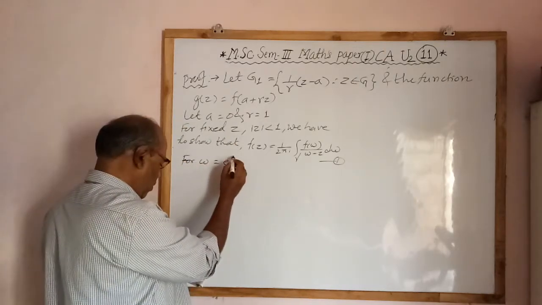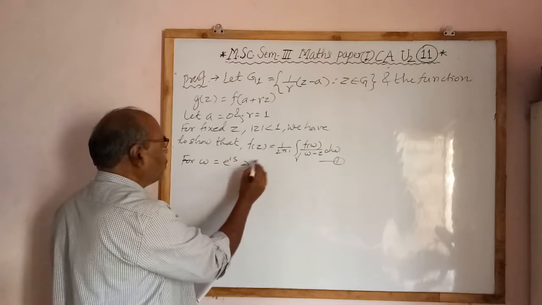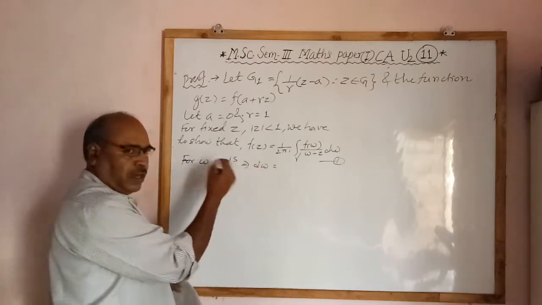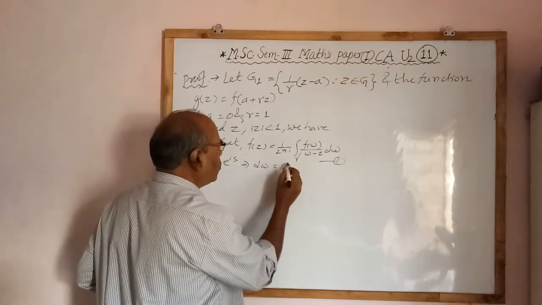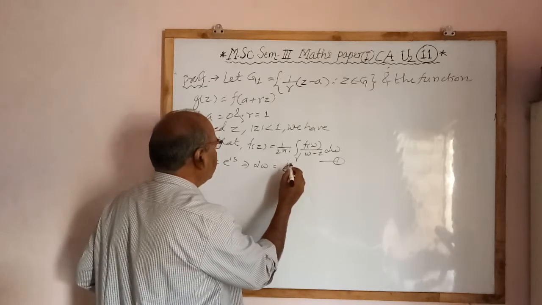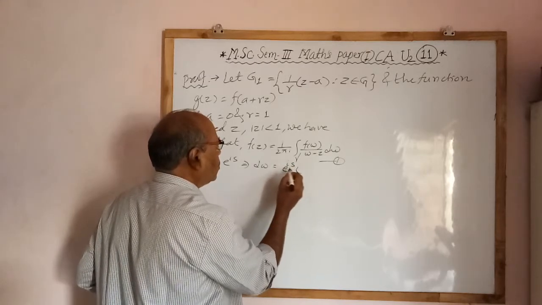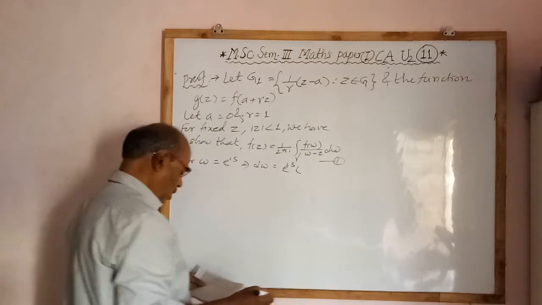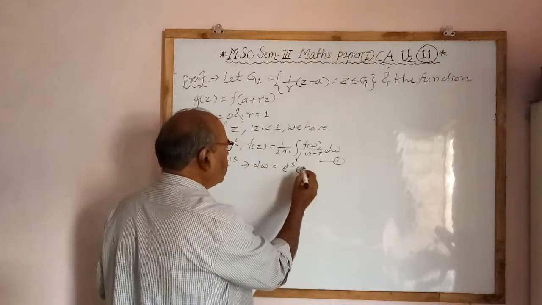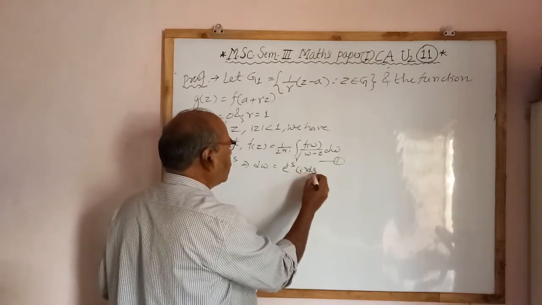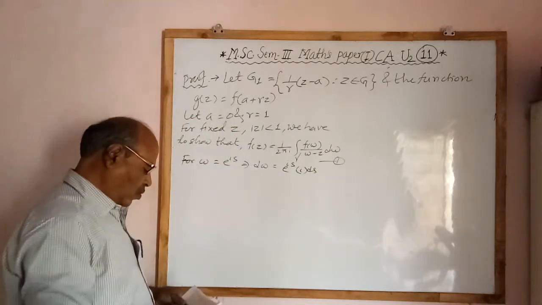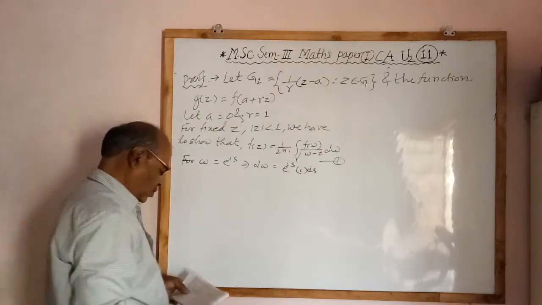For w equal to e to the power is, we have dw as the derivative of e to the power is. You know that the derivative of e to the power x is e to the power x, therefore e to the power is into derivative of is with respect to s, that is i e to the power is ds.